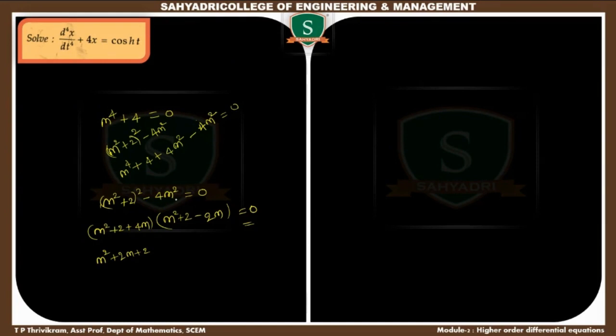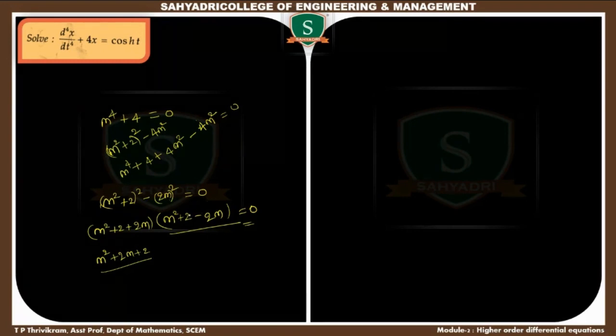So this is of the form a 2m whole square. Okay, a plus b into a minus b, so it is 2m. So roots for this you need to find. That's all. Finding the complementary function from this will be a bit tough, so that one I told.